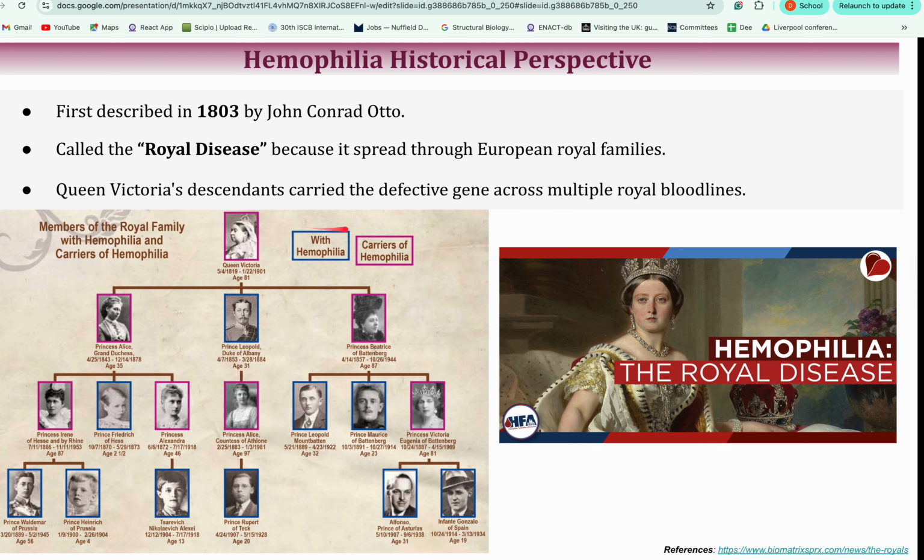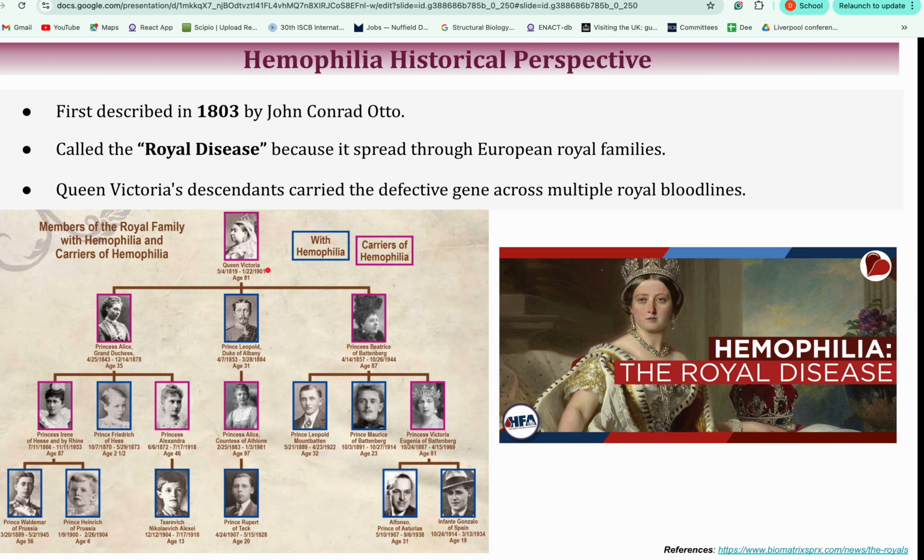Queen Victoria's descendants carried the defective gene across multiple royal bloodlines. So this is their family tree. The photos with a blue border are suffering from hemophilia, whereas the pink borders represent the carriers. It began with Queen Victoria.